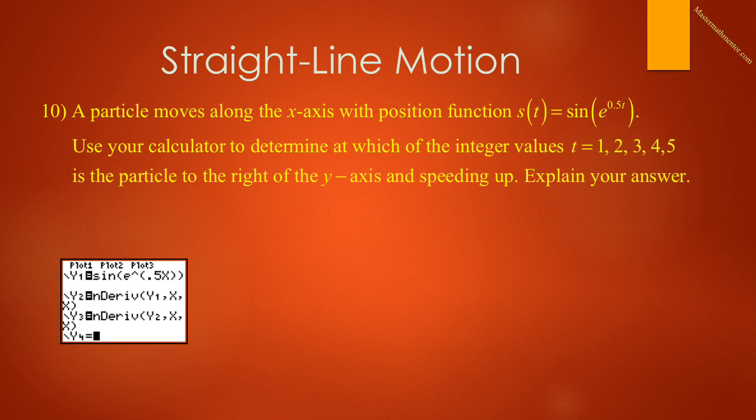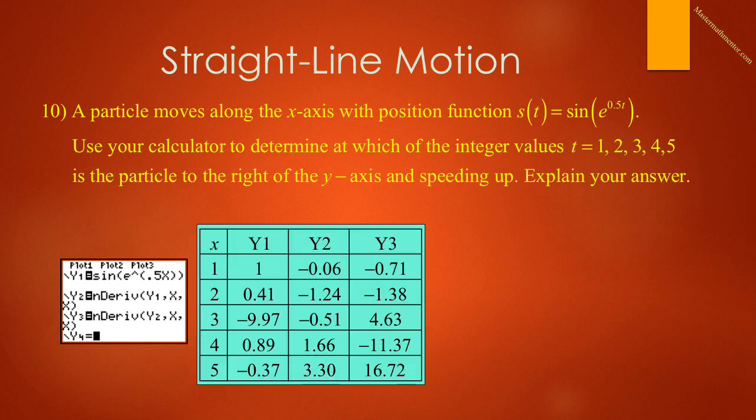So y2 is nDeriv of y1 comma x comma x. The same thing is true with the acceleration. We'll let y3 equal nDeriv of y2 comma x comma x. This technique is a good one, especially if you do not have to show the work in calculating these derivatives.